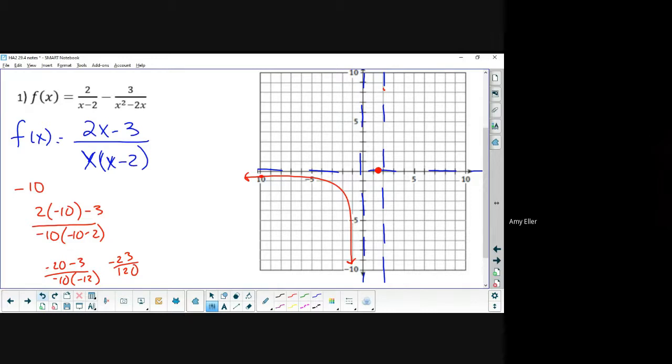Let's do this section over here. There's no information, so let's plug in 10 and at least get 1 point.